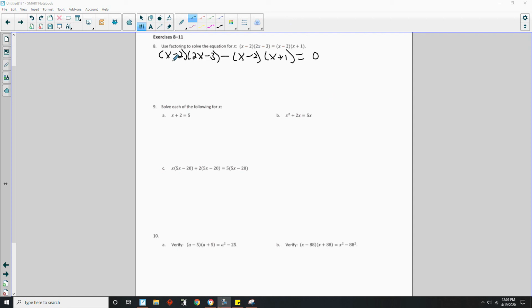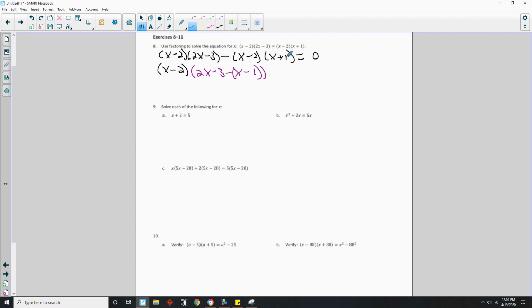So if I factor out that x minus 2, like we did in that last example, I think it was b, x minus 2, and that would be times 2x minus 3 minus x minus 1. Okay, so I double parenthesis so you see that. So it's x minus 2 times this minus that.